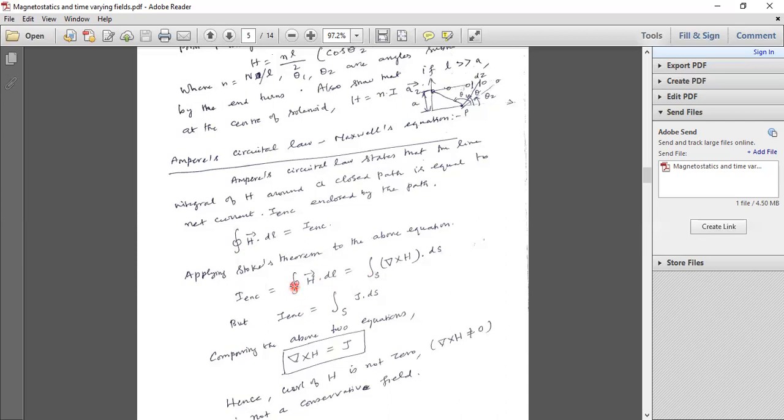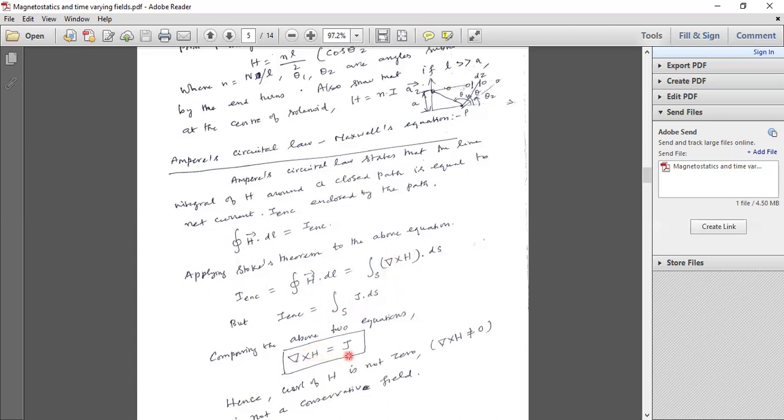Okay, this is line integration, this is surface integration. And I is equal to the surface integral of J dot ds. So when you compare these two equations, we can write del cross H equal to J.